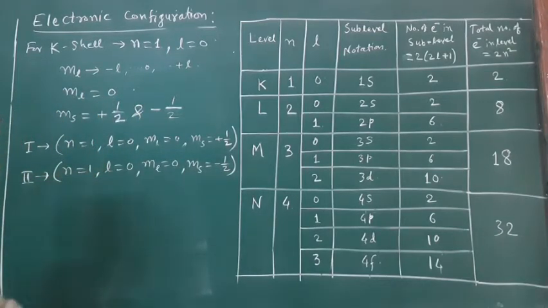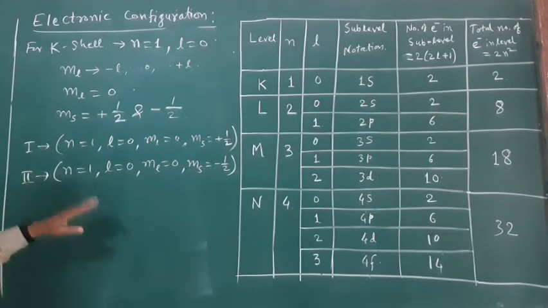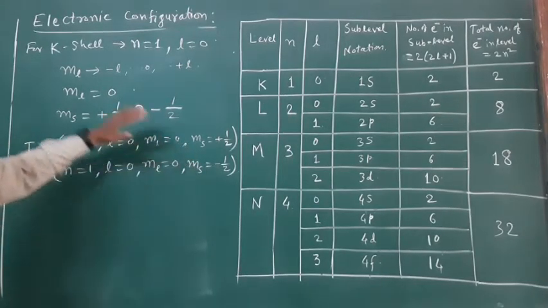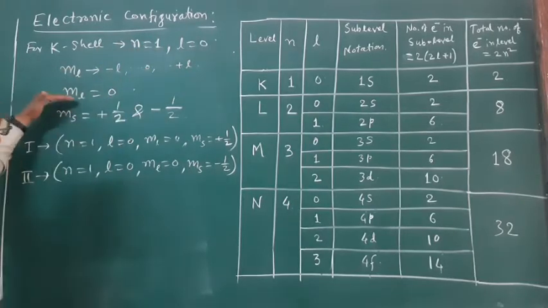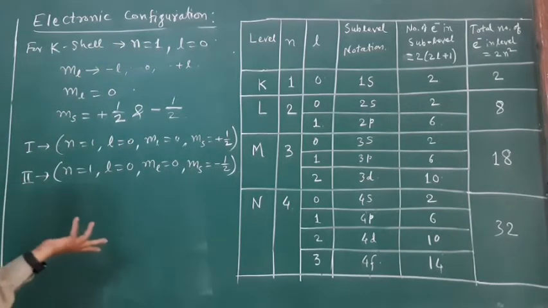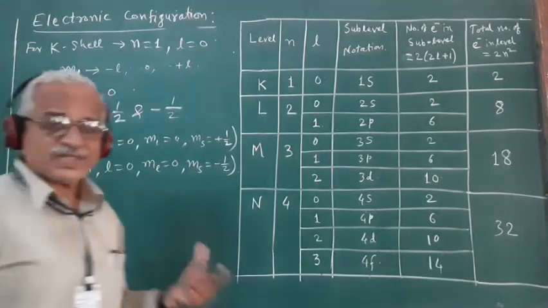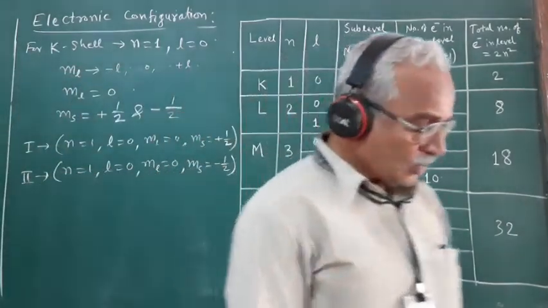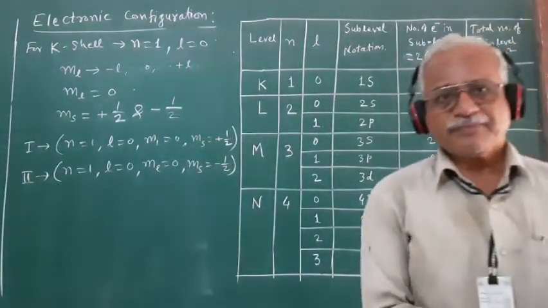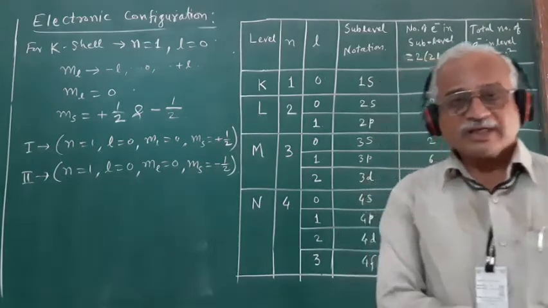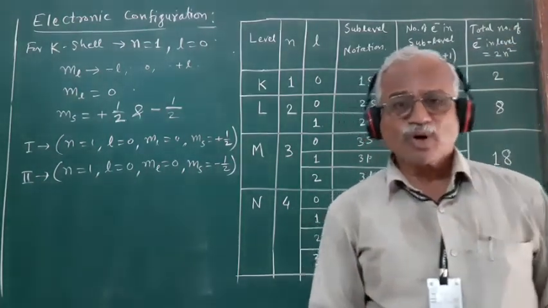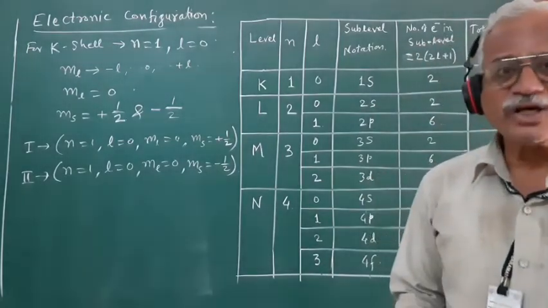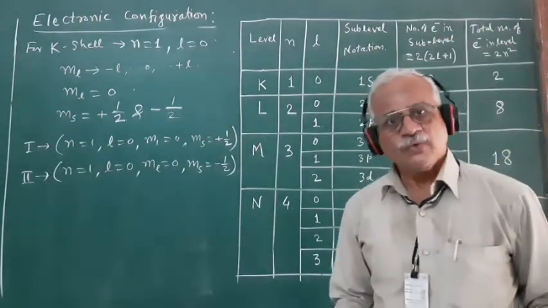Can it be possible for us to write down a third possible set for these values of n, l, ml and ms? No, a third set is not possible. So what we can conclude here is that in the K shell the maximum number of electrons that can be accommodated is equal to 2.